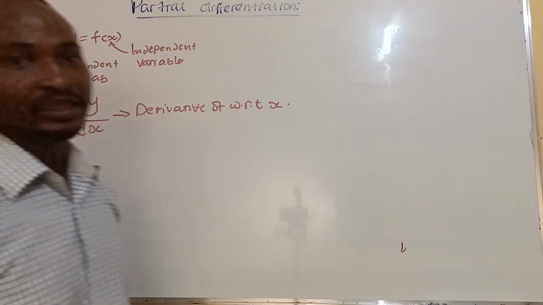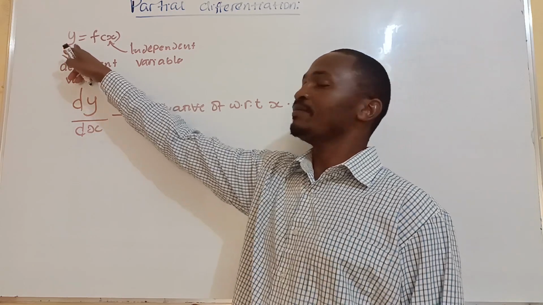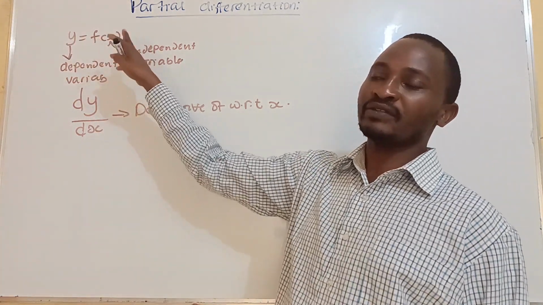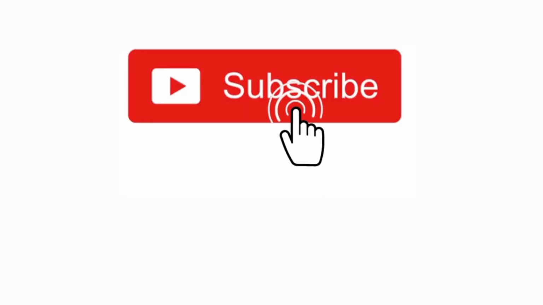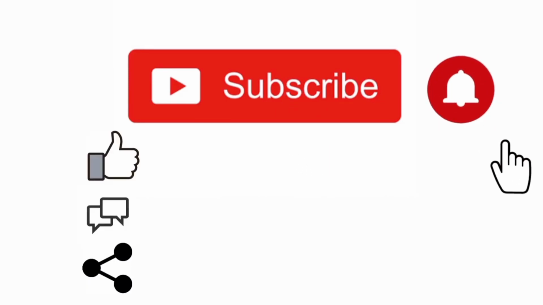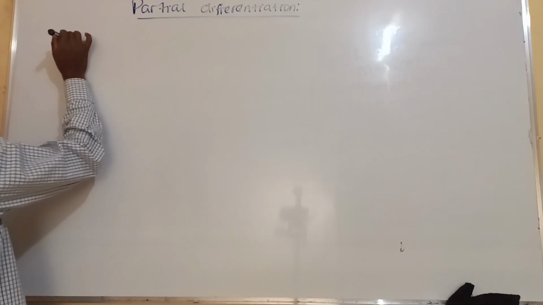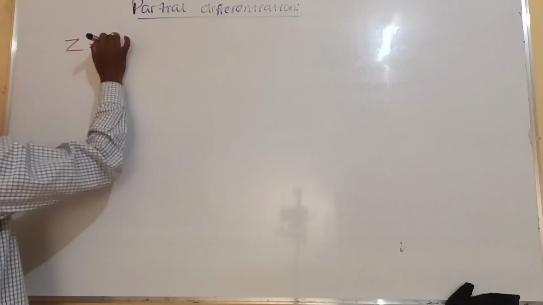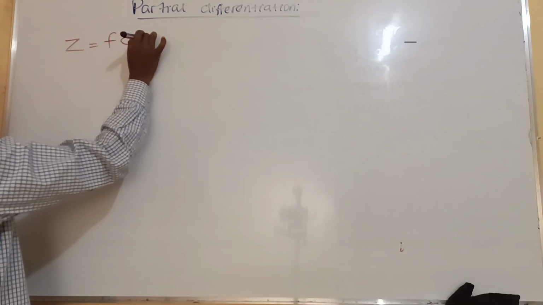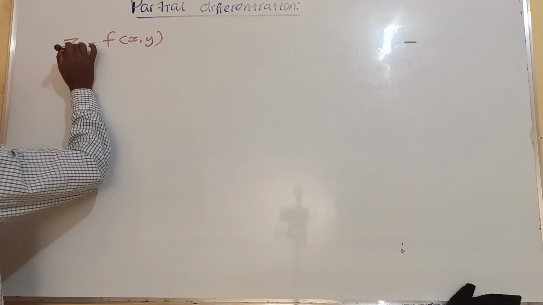Now, what if you have one dependent variable and several independent variables? For example, we have a function z which is dependent on two independent variables. This is the dependent variable z.